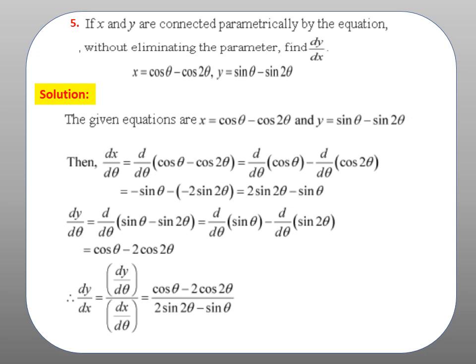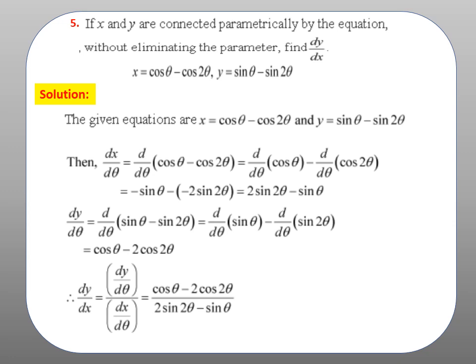Next is question number 5. If x and y are connected parametrically, again the same, we have x equals cos theta minus cos 2 theta, and y equals sin theta minus sin 2 theta, and we have to find dy/dx. So same method. We have x and y with respect to theta. Differentiating with respect to theta, we get dx/d theta, that is the differentiation of cos theta minus cos 2 theta, which is 2 sin 2 theta minus sin theta, and then differentiating y, that is sin theta minus sin 2 theta, with respect to theta, we get cos theta minus 2 cos 2 theta.